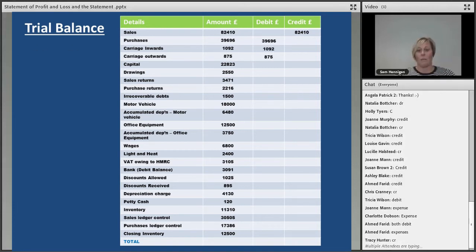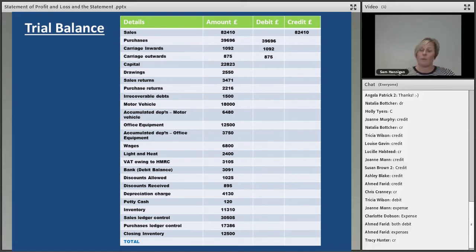Yeah, they are both expenses. Now it does try and confuse people because your carriage inwards relates to your cost of sales. So that's what it's costing us to bring our purchases into our business. Your carriage outwards is what it costs us to send goods to our customers, but they are both expenses to the business, because we are paying for them, so it is an expense to us as a business.